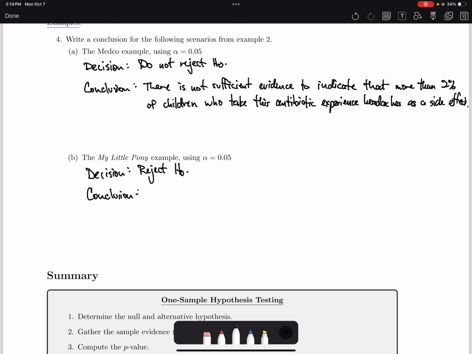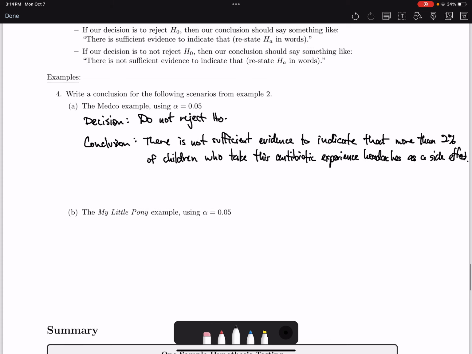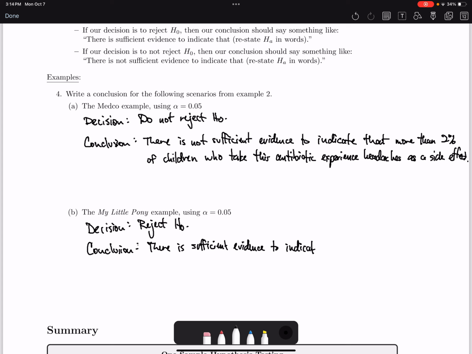And so our conclusion should say something like, there is sufficient evidence to indicate that, and then we restate the alternative hypothesis in words.